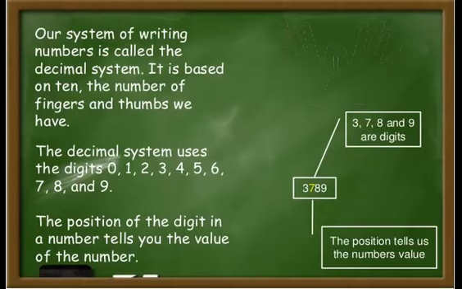You can see on the right side of your screen, one number we have, that is 3789. So 3, 7, 8, and 9 are all digits, and the 7 is marked in yellow. That 7 tells us the value of that particular number. So let's see the next page.